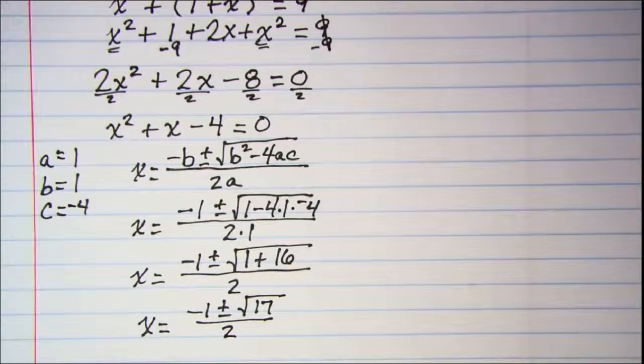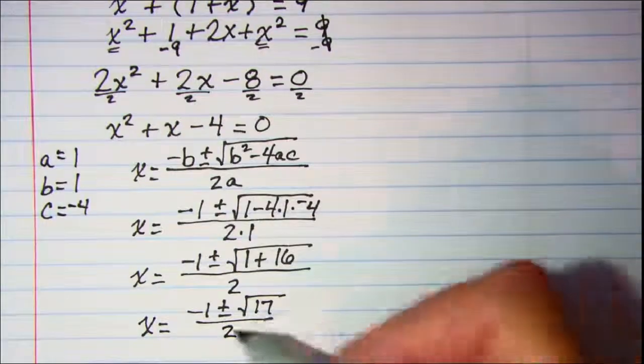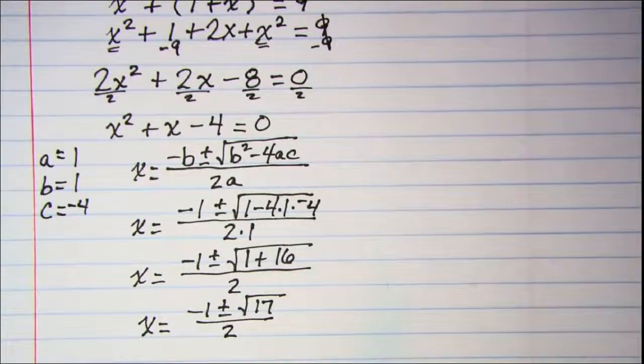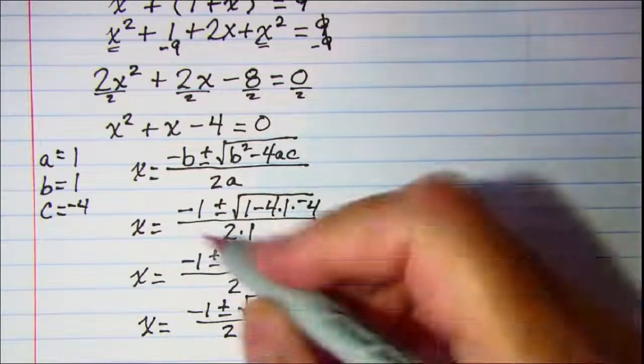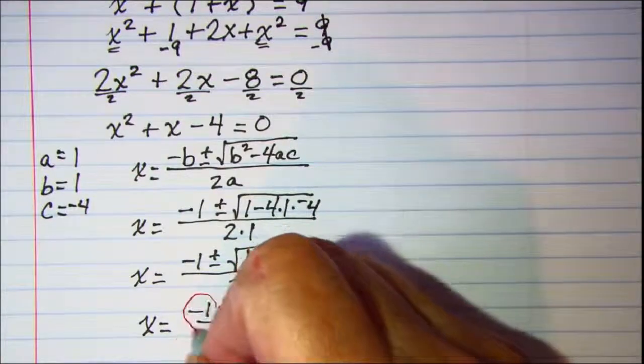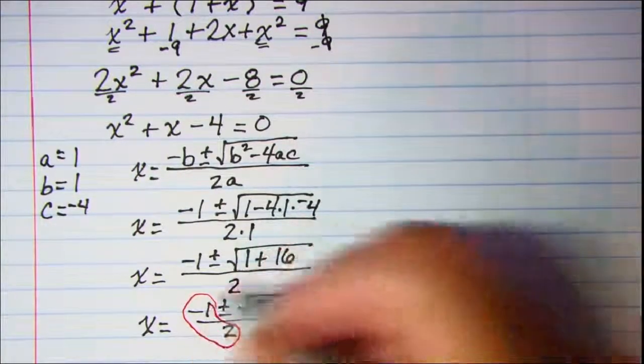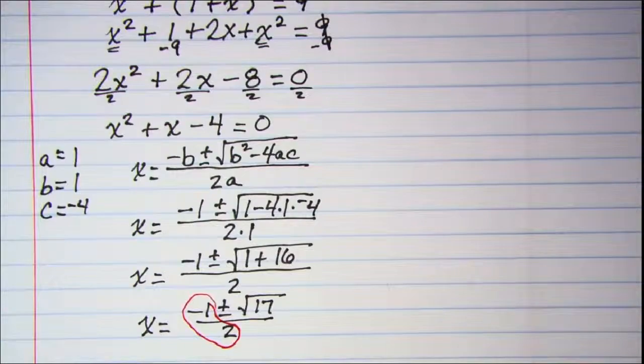Now for my x values, I'm going to separate this into two terms. My first term is a negative 1/2.